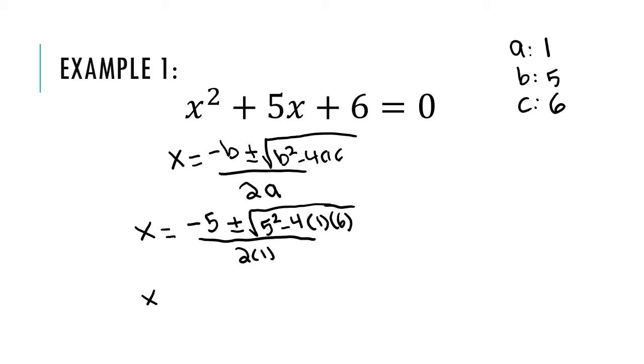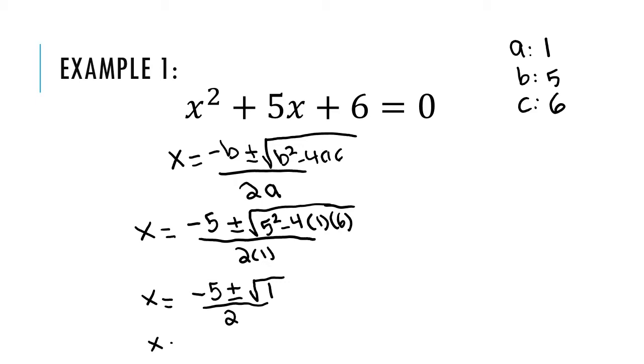Now, when we had fractions like that with radicals previously, we said that the best way to find the final answer is to put whatever is underneath the radical in the calculator. So when we put 5 squared minus 4 times 1 times 6 in the calculator, we'll find that the answer is 1, and 2 times 1 is just 1.